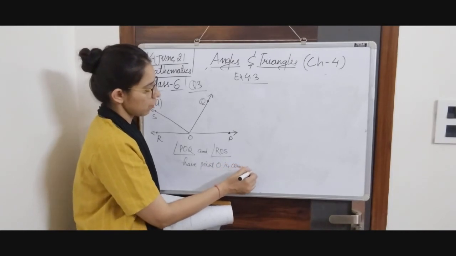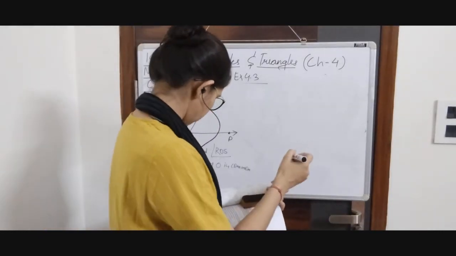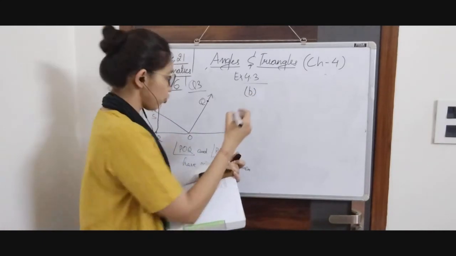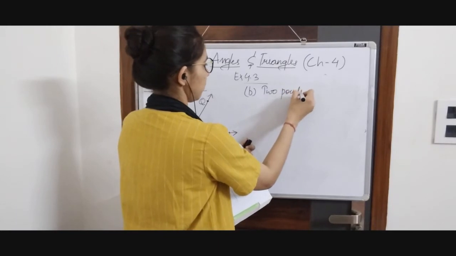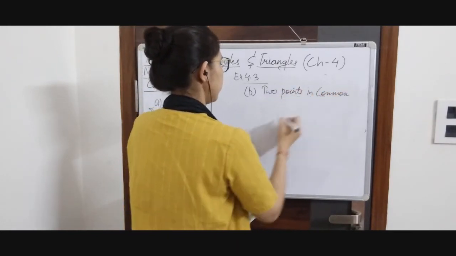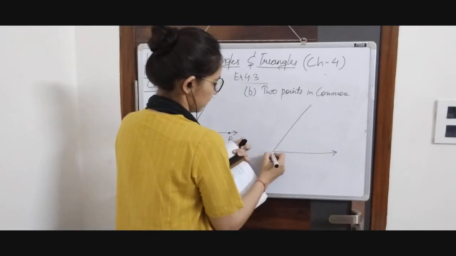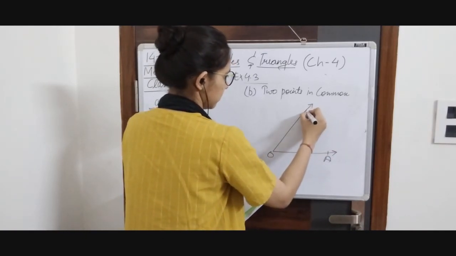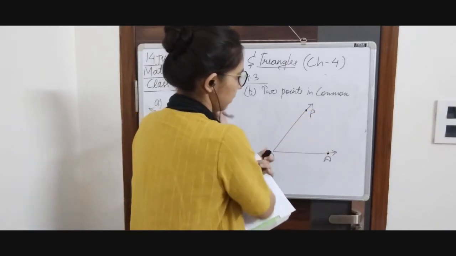Okay. Now we will move on to part B. In part B, we have to make two angles with 2 points in common. First, we will make an angle. This is suppose A, and this point is P. Okay.